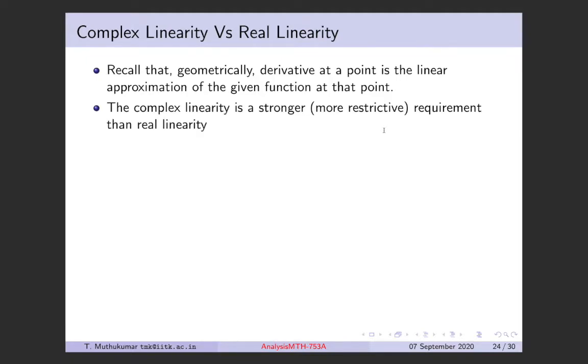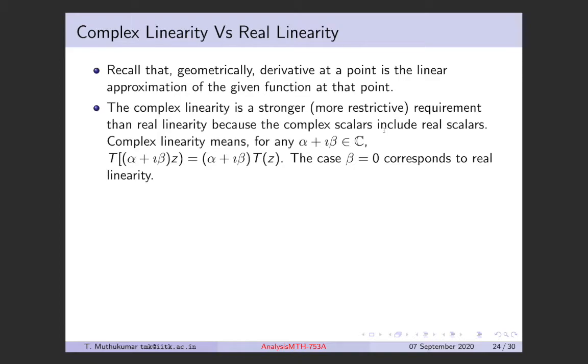So when we say complex linearity, it is a much stronger requirement than when we say linearity in R2, right? Because we had associated complex linear maps to a subclass of linear maps on R2, which means complex linearity is a stronger condition.